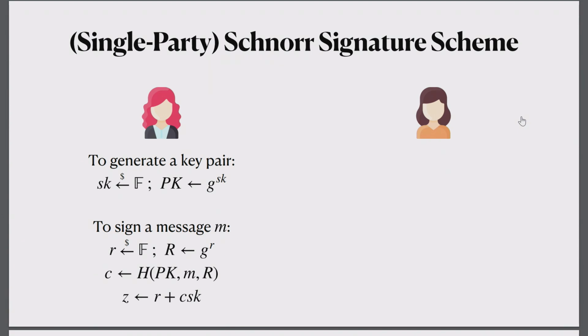She then forms a hash value including the following. So it includes her public key, the message that she's signing, and her nonce. And the output is this value C. She forms part of the signature, Z, using the little value R plus this hash value times her secret key.